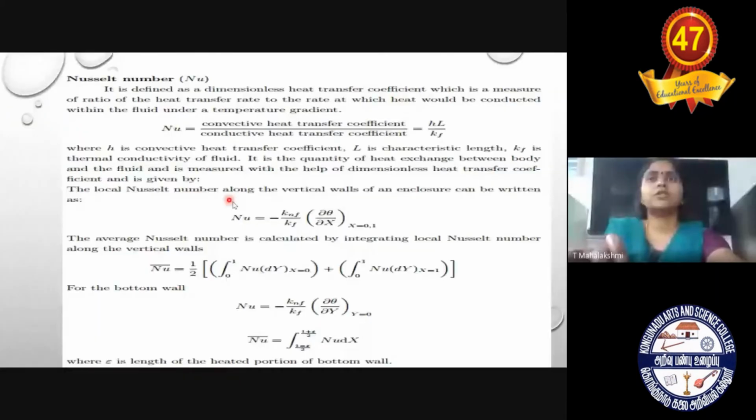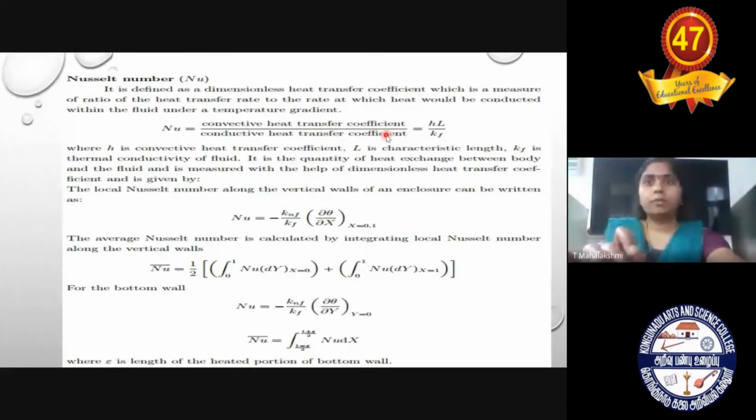And the last non-dimensional parameter is the Nusselt number. Nusselt number represents the heat transfer rate obtained in the particular problem. So Nusselt number is nothing but the ratio of the convective heat transfer coefficient and the conductive heat transfer coefficient.